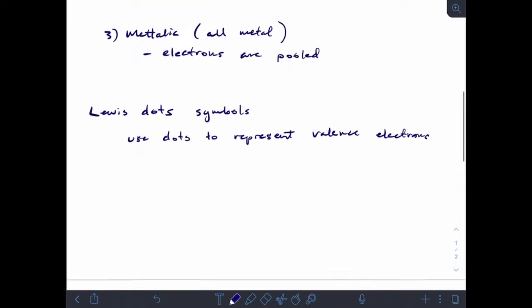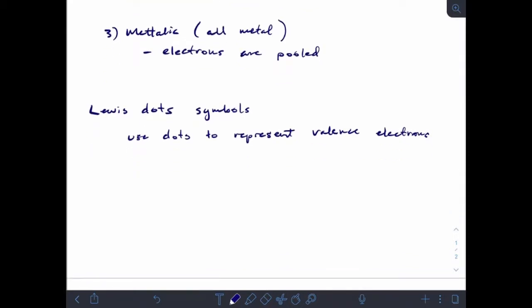For example, for a Lewis dot symbol for lithium, I'm going to use the chemical symbol for lithium. Lithium has one valence electron, so the symbol simply gets one dot. I can put the dot at the top, bottom, left, or right. It doesn't really matter where the dot lives, as long as I only show one dot, because lithium has one valence.